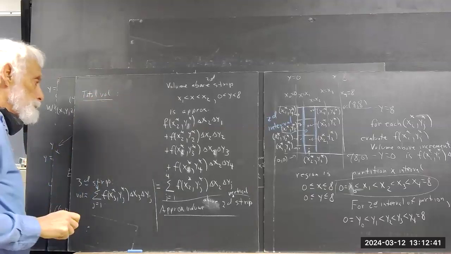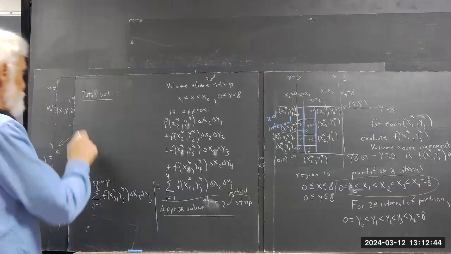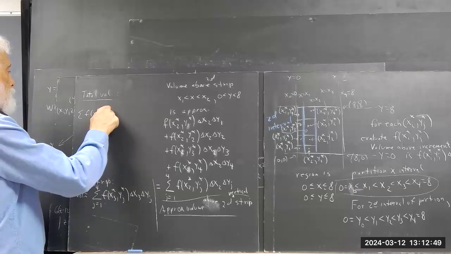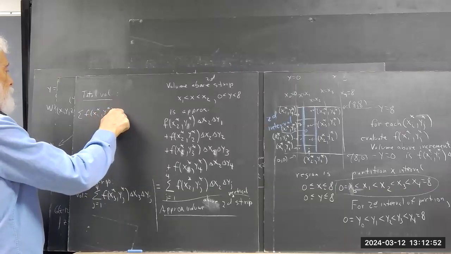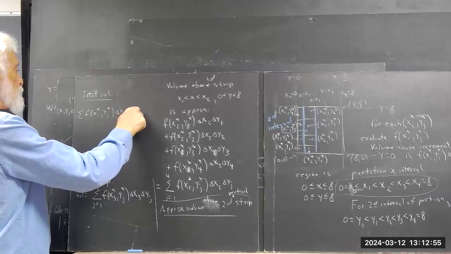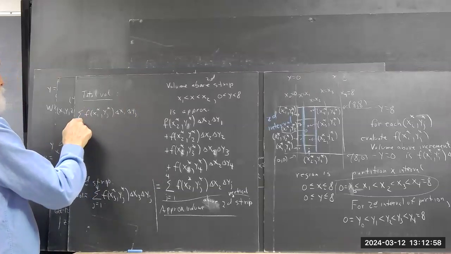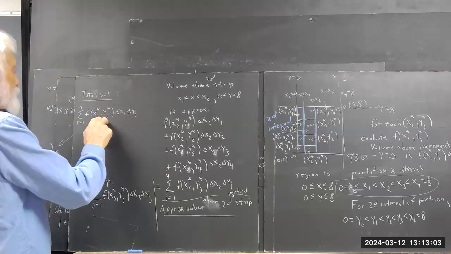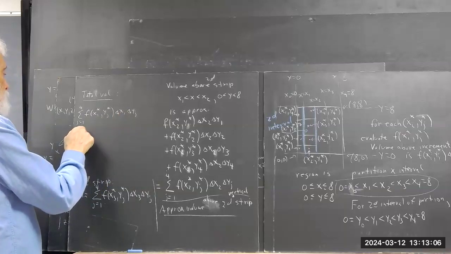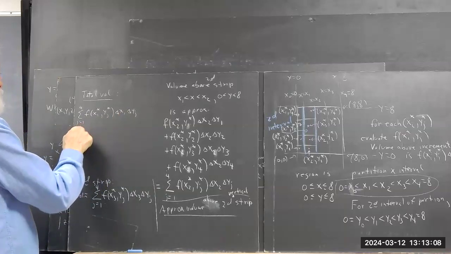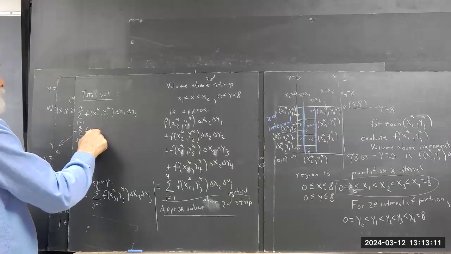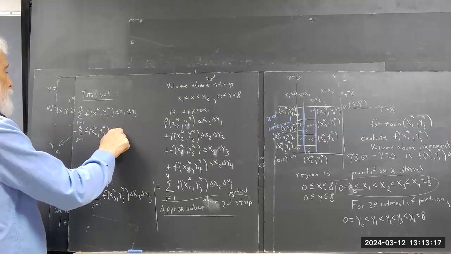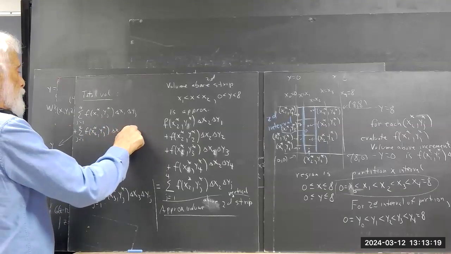Little volume will be the sum from j equals 1 to 4 of f of x1 star, yj star, delta x1 delta yj, plus the sum, j equals 1 to 4, f of x2 star, yj star, delta x2 delta yj.